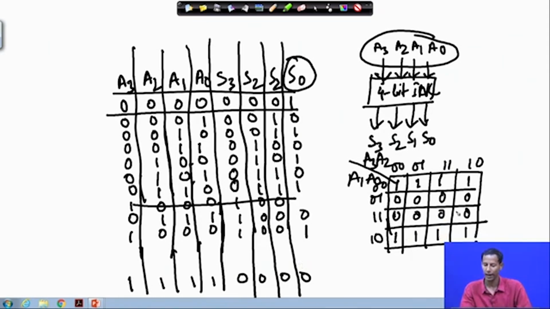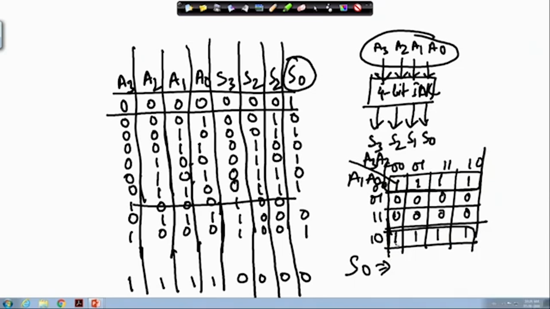After that, from the truth table, if I make the logical expression, this S0 value, if I take this as common, will be nothing but A0 bar.